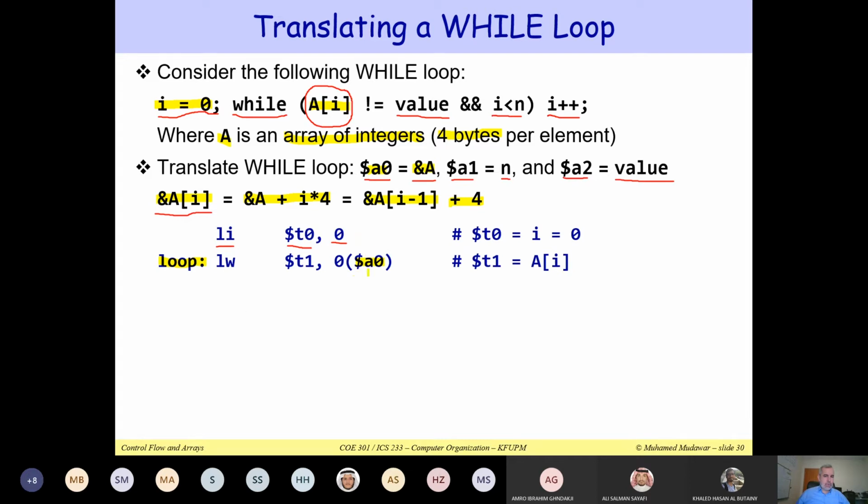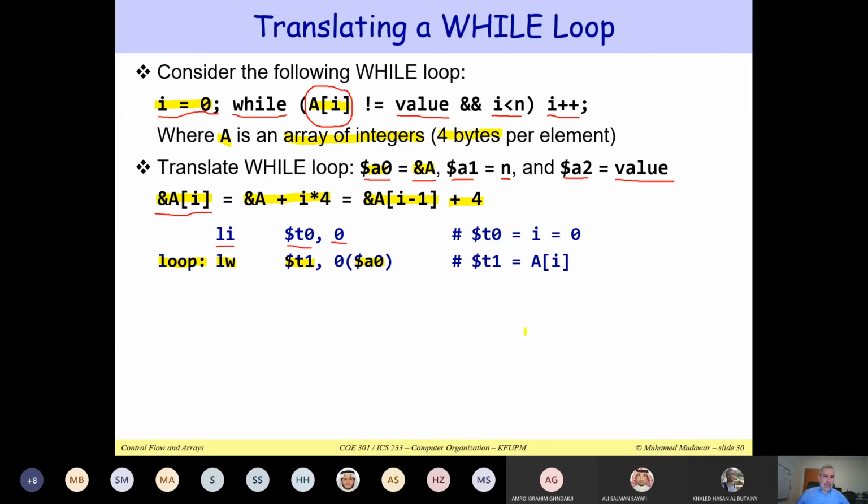So this load word is going to load the value of A0 into register T1. Notice that I'm using load word because it's 4 bytes per element. You have to be very careful about these details when doing the translation. The compiler does it automatically for you, but now we are doing it by hand. We are understanding how the compiler works.